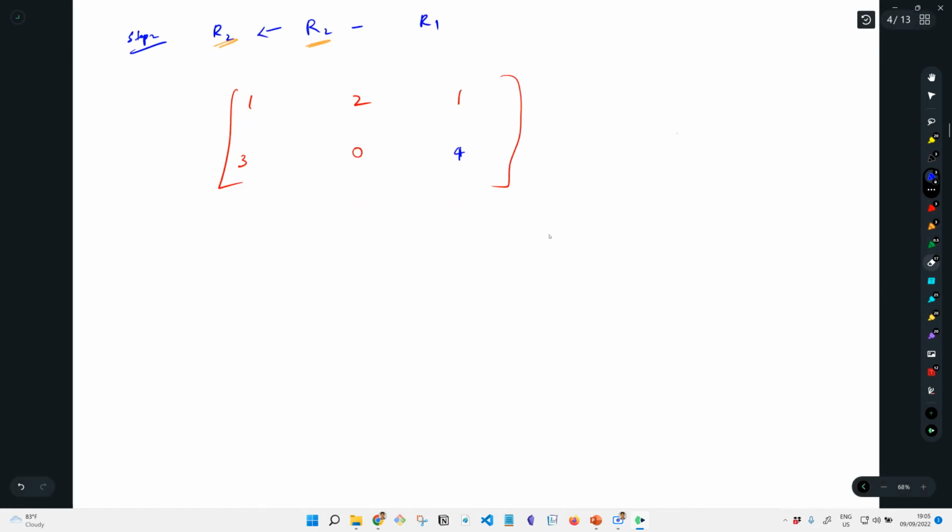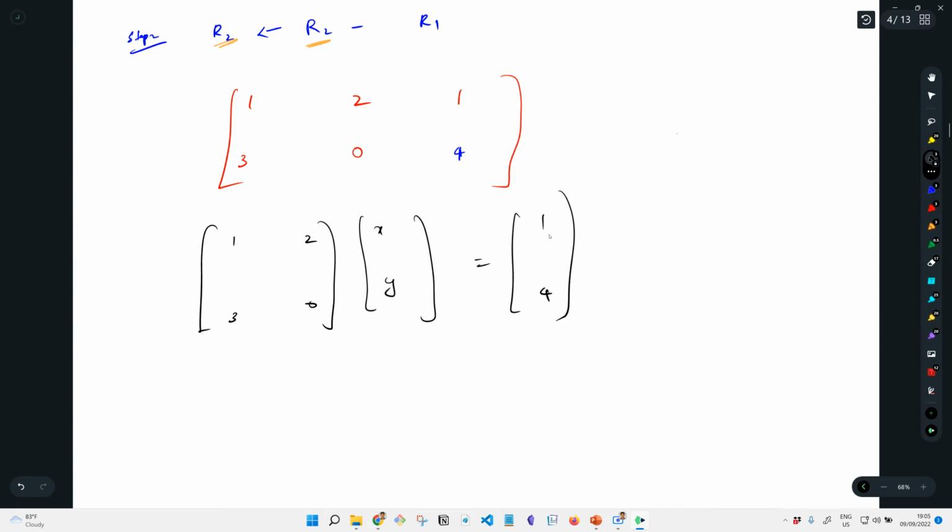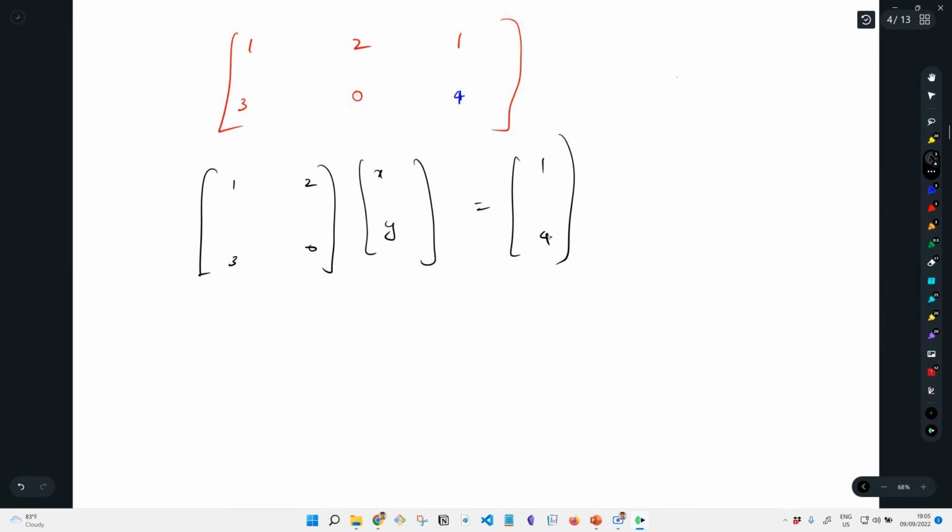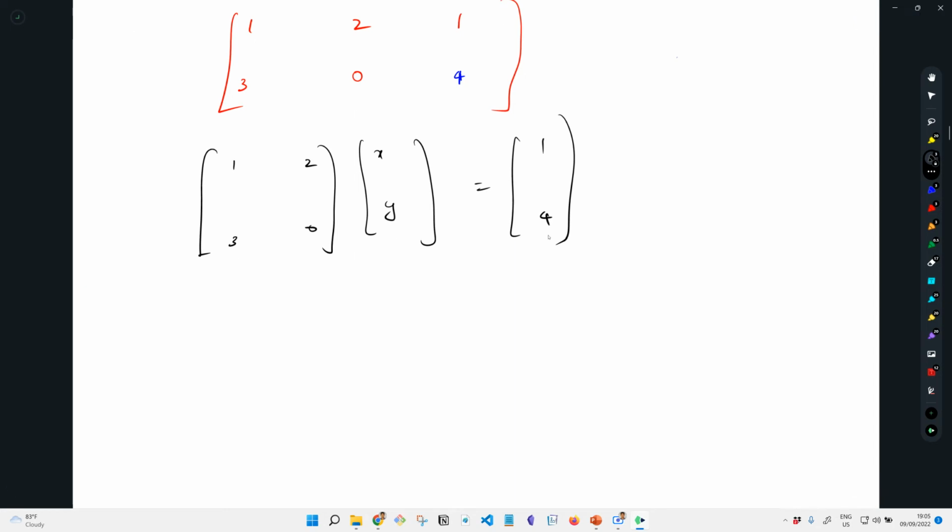Now, let me separate out the equation again. I'll have [1 2; 3 0] into x, y equals 1, 4. If I multiply this column x, y with the matrix A, what you will get? x plus 2y equals 1, 3x equals 4.